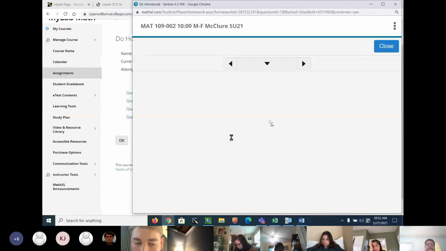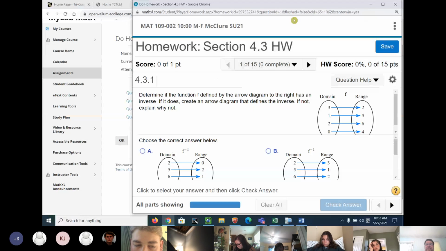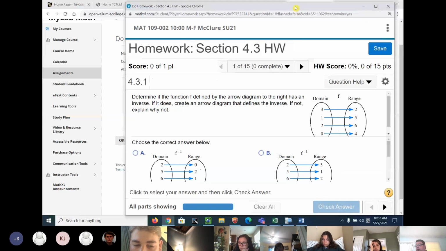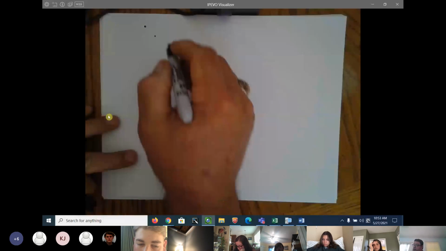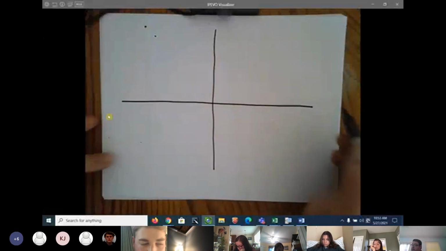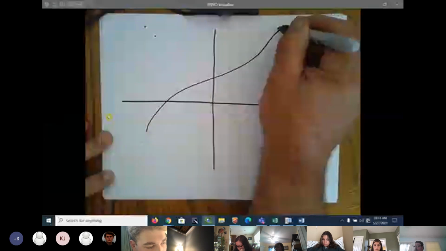Remember, when you're doing a one-to-one function, the horizontal line test is a one-to-one. What do you mean, Hubert? Well, let me show you, because that shows you a lot. If I have a function, and let's say the function looks like this.